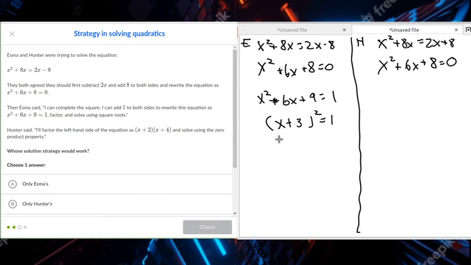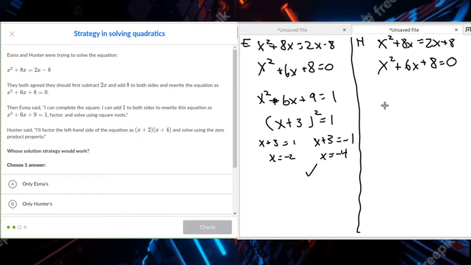Take the square root of both sides, get x plus 3 equals 1, and x plus 3 equals negative 1. Subtract 3 here, x is equal to negative 2, or x is equal to negative 4. So those are our two answers from Emma. So it looks like that works for her.